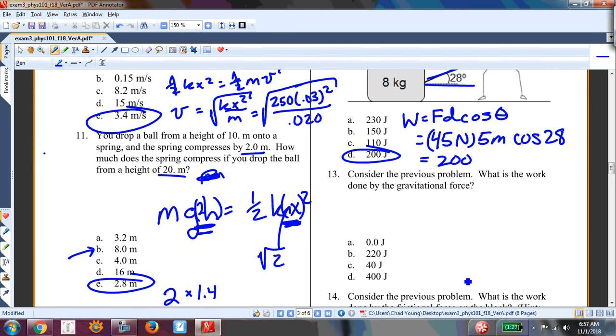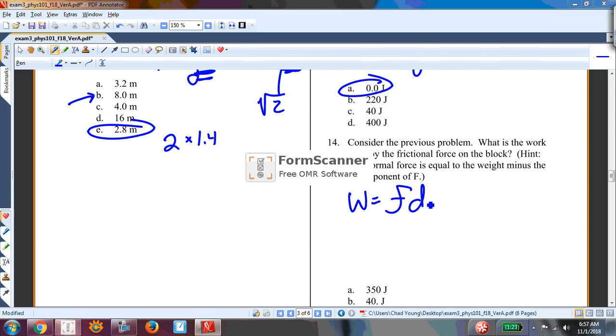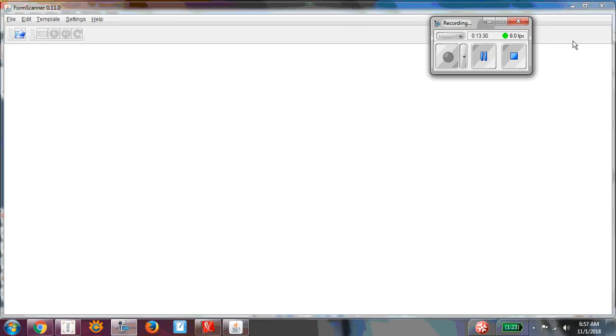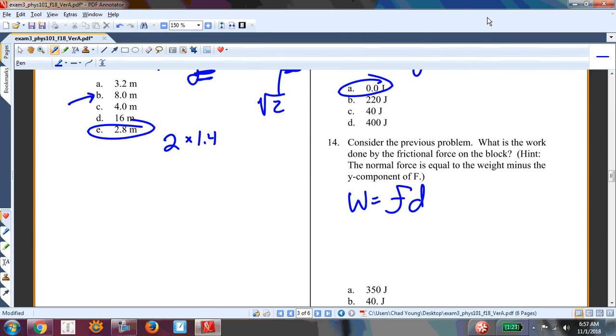What is the work done by the gravitational force? Well, the y displacement equals 0, so there's 0 work done by the gravitational force. And what is the work done by the frictional force? Well, the work done by the frictional force will be F times d. Okay, the work is force times displacement, and so I need to know what the frictional force is.